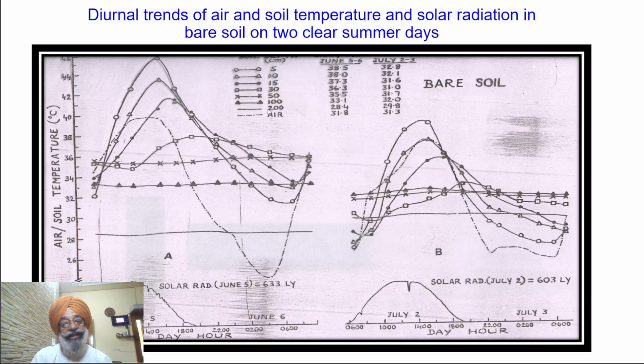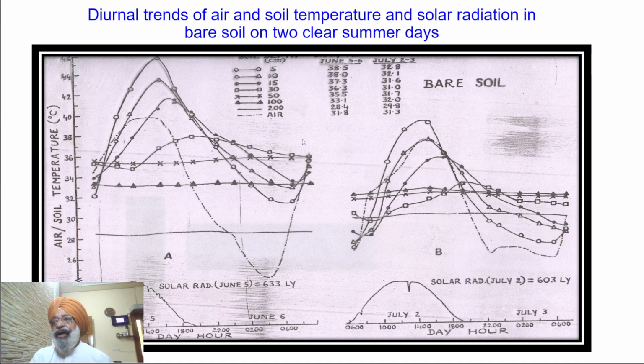Even at 100 centimeter there is no diurnal fluctuation, and of course at 200 centimeter there is no diurnal fluctuation. So the second thing you could observe here is that as the temperature decreases, the rate of decrease of soil temperature, as I said in the first slide, is faster at the surface layer, then this rate decreases with soil depth.